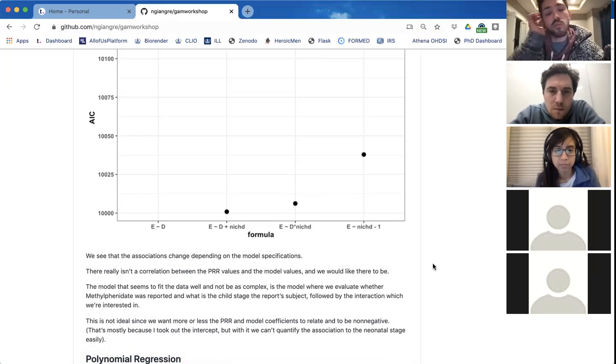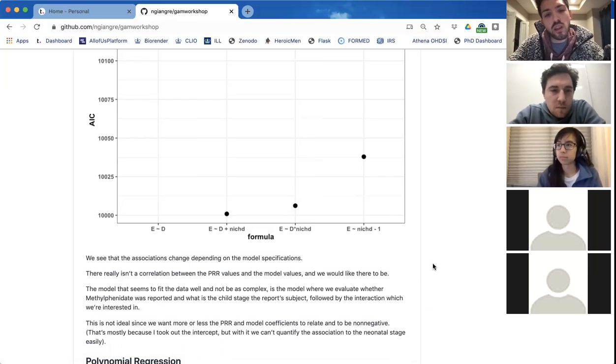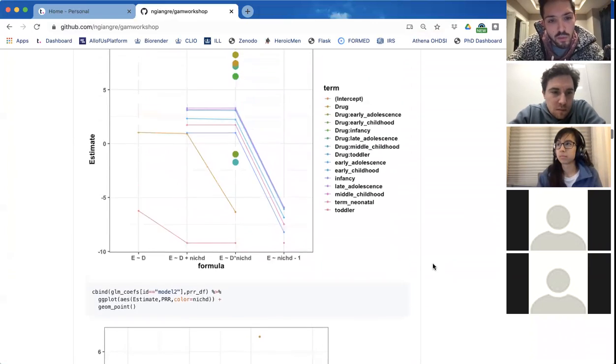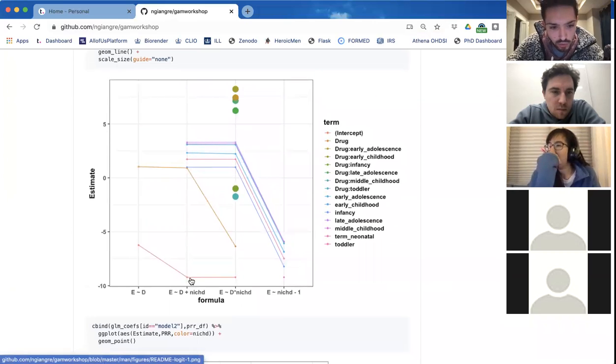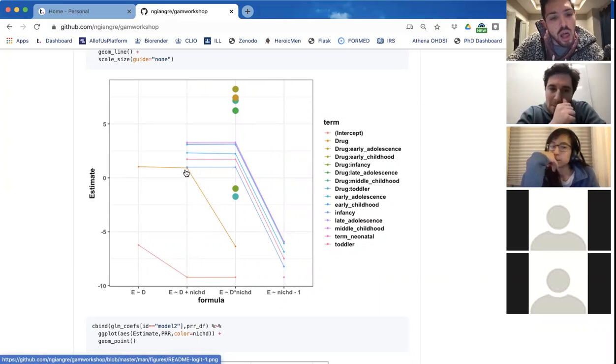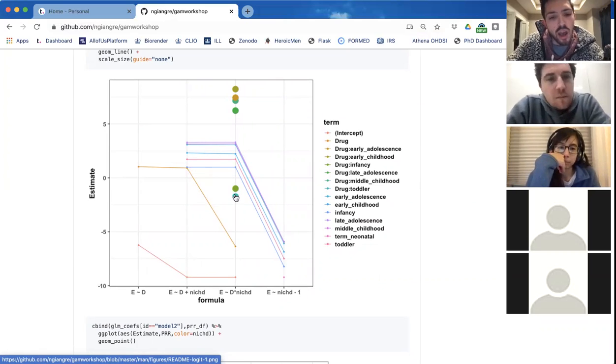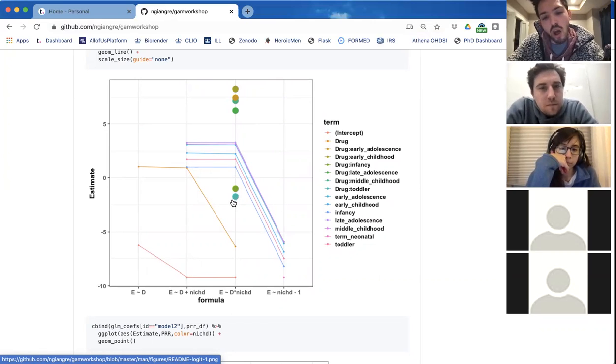It doesn't really matter that much because the difference in AIC is pretty small, and also the model itself is pretty biased. And you can see that in the coefficient values. Like the intercept term, it's pretty negative, and you have two pretty negative values for different development stages.